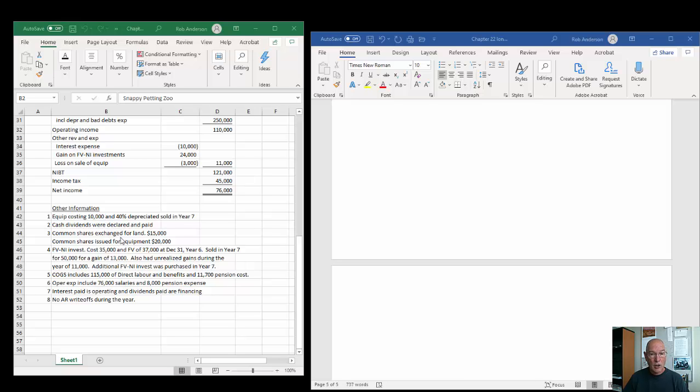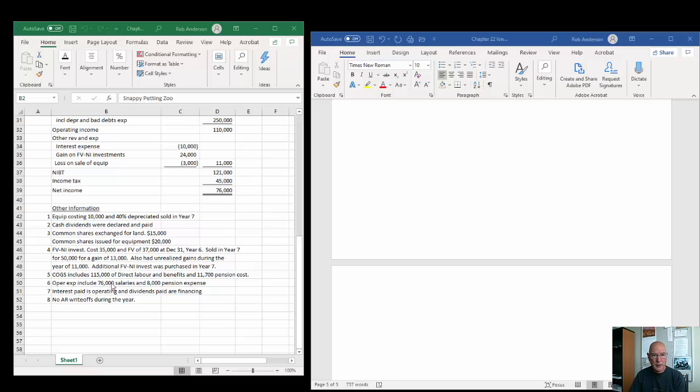We exchanged common shares for land. We also exchanged common shares for equipment. So just remember, those are not cash outflows. Those are non-cash financing and investing activities. Now, we have fair value net income investments. We sold some and we purchased some.